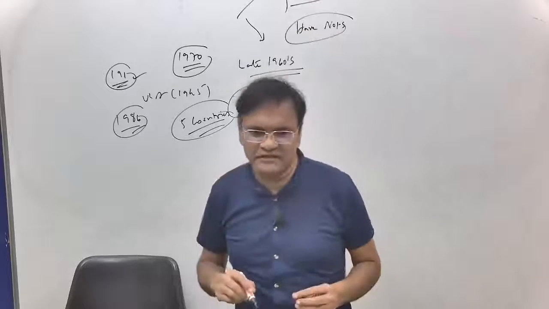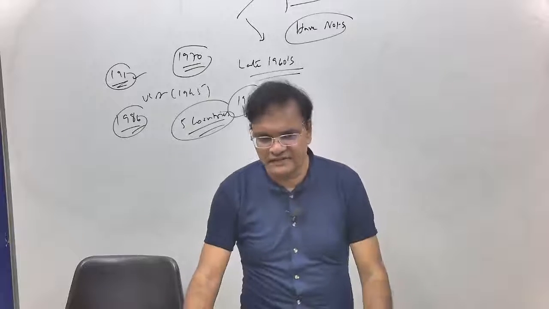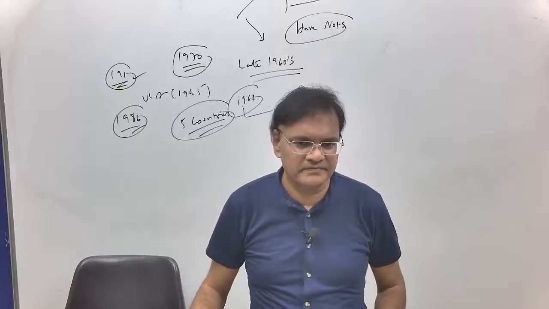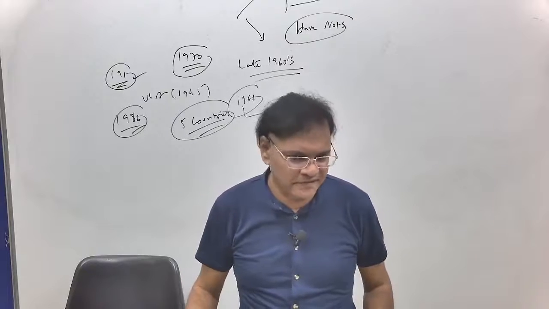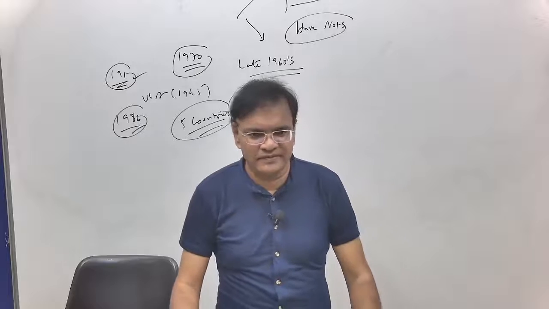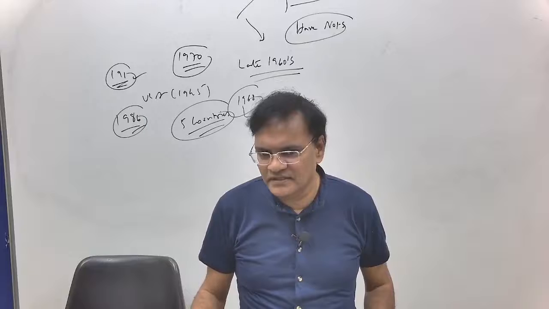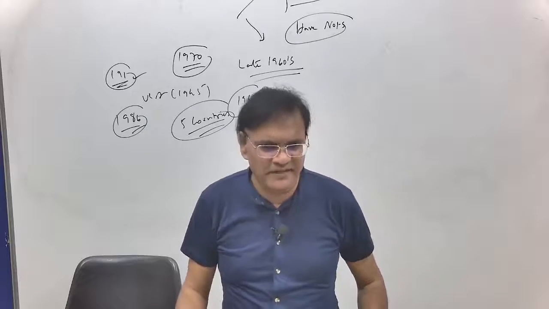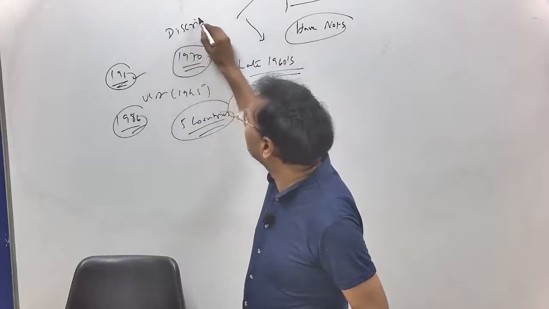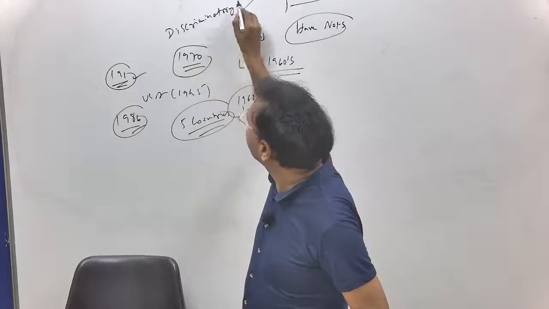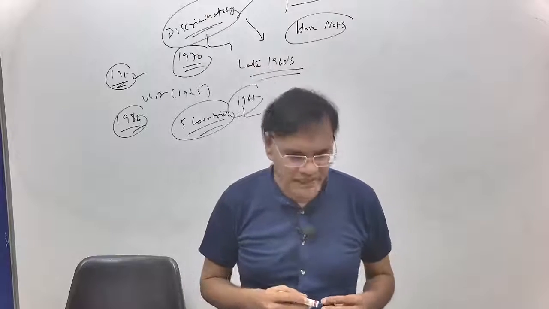Haves means those who have nuclear weapons. Have-nots means those who do not have any nuclear weapons. So the basic problem with this treaty is that it is inherently discriminatory in nature.